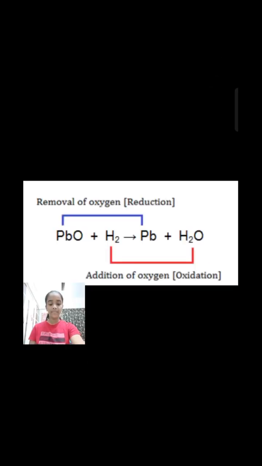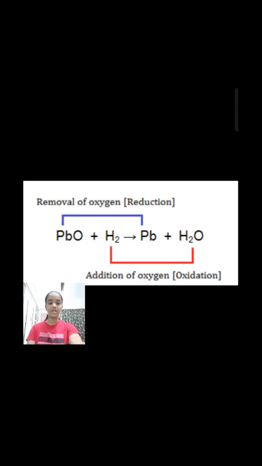The reaction between lead oxide and hydrogen is a redox reaction. Lead oxide, yellow, oxidizing agent, plus hydrogen, reducing agent, gives lead, red-brown, reduced substance, and water, oxidized substance.